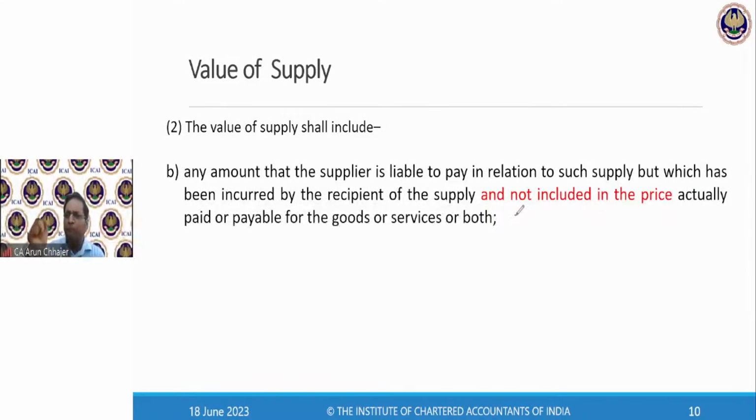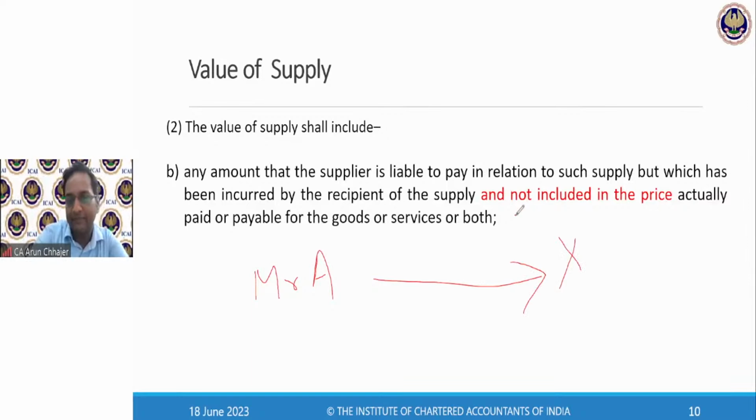Let me give you one simple example. Mr. A is a contractor to XYZ Limited. As per the terms of the contract, it is fixed that Mr. A will raise an invoice of rupees 10 lakh for the work contract service.